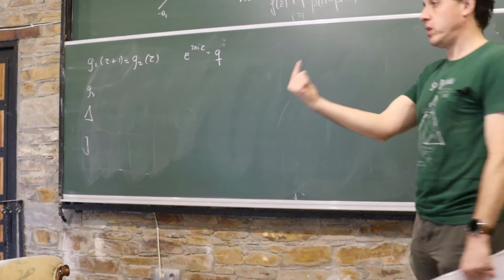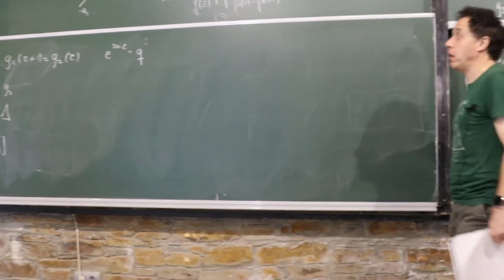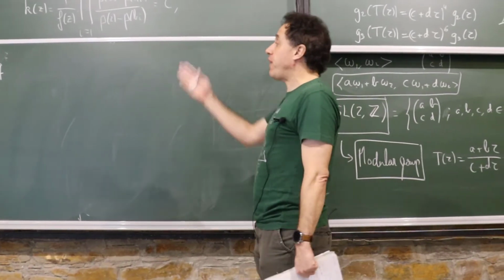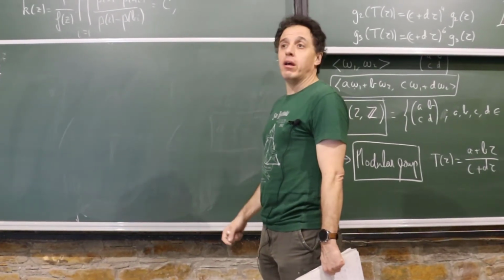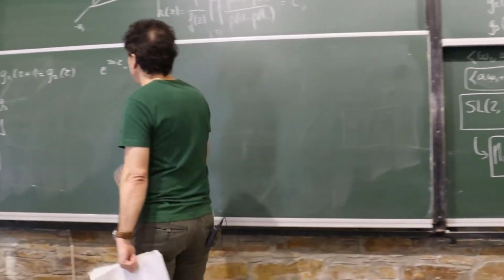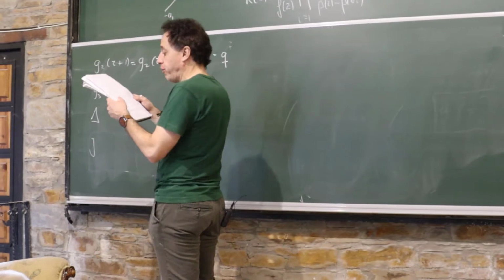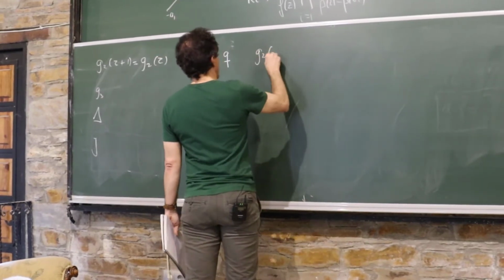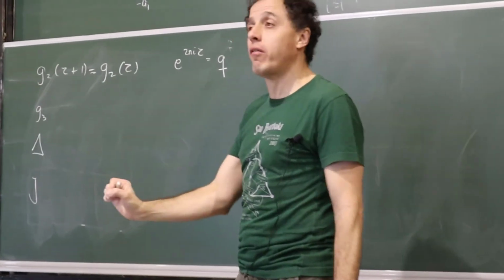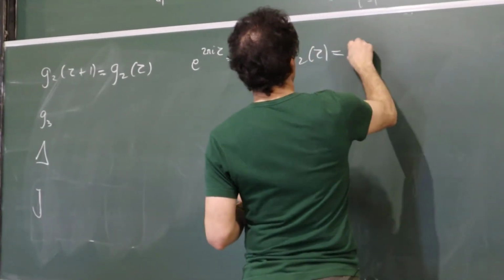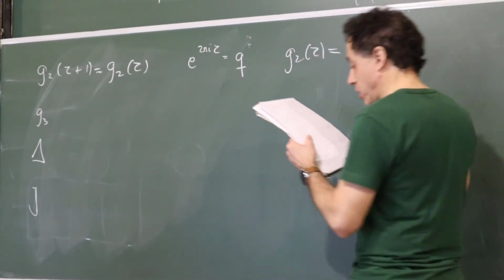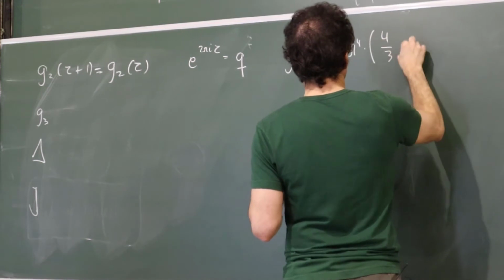This q is a variable defined for values q different from 0, so the function in terms of this variable has a power series expansion around the origin. This power series expansion can be computed, for instance, in the case of G2. It turns out that the origin is a removable singularity, so it begins with pi to the 4 and then some terms in q. These are very long computations, and I will give a reference.